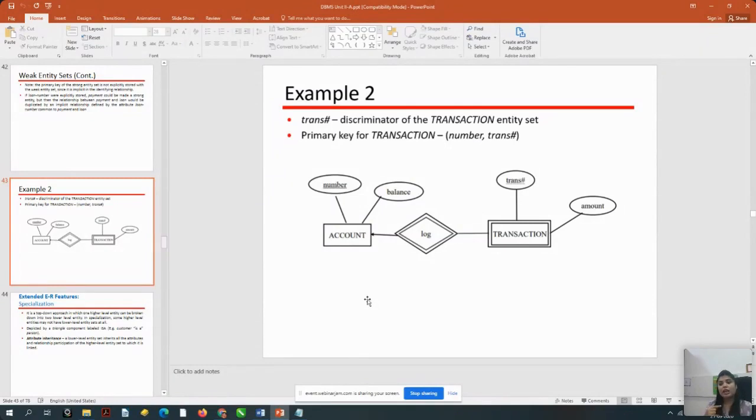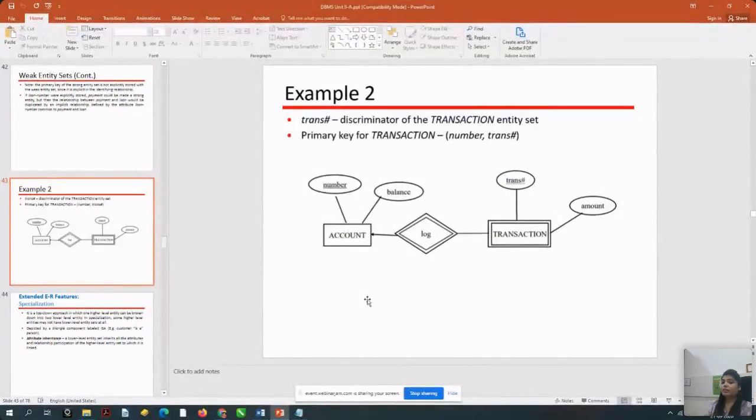So if any query is raised for that particular account by a customer, then by linking these two entity sets through account number and transaction number, you can find out how much transaction happened from this particular account number. So this is how you're going to identify the weak entity sets, because they don't have the primary key.